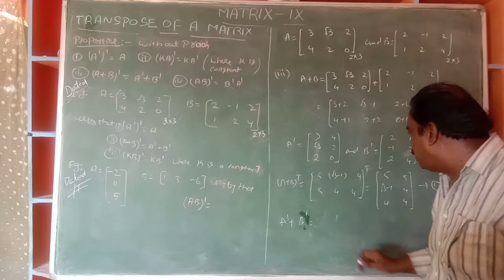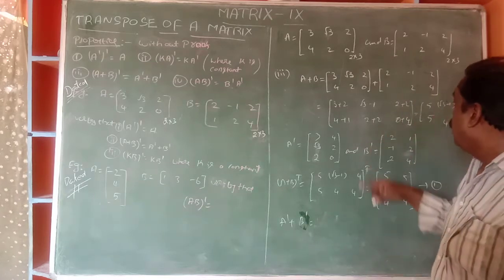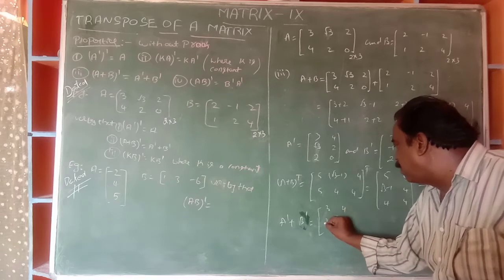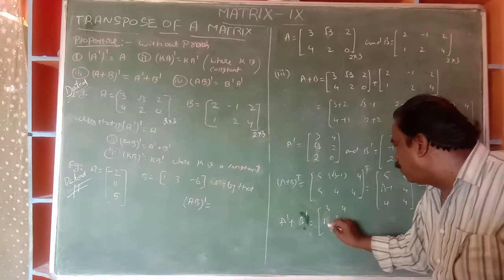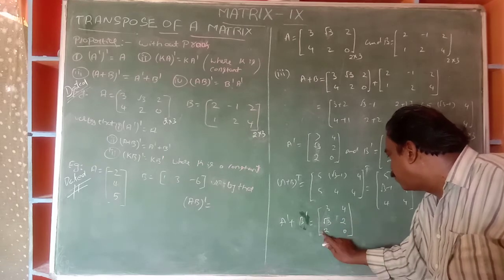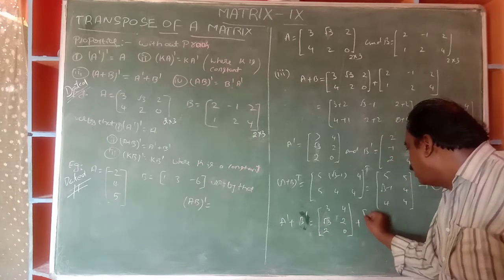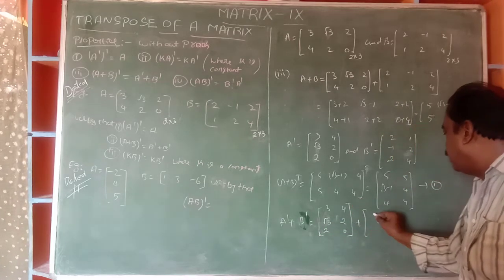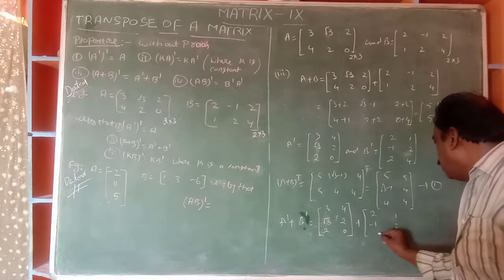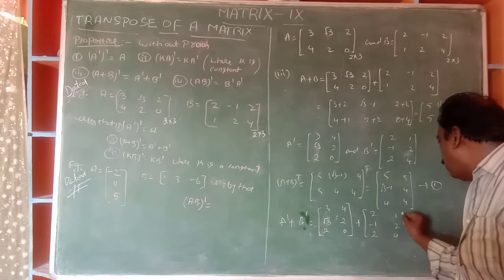What is A transpose? It is 3, 4, root 3, 2, 2, 0. Okay now? Plus B dash. B dash is 2, 1, minus 1, 2, 2, 4.